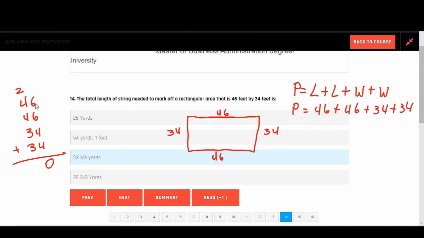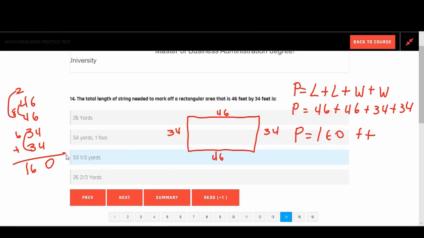Let me just double check my math. 12, 16, 20. Okay, good. 4 plus 4 is 8. 3 plus 3 is 6. 8 plus 2 is 10, so this is 16. So we know the perimeter is 160 feet.